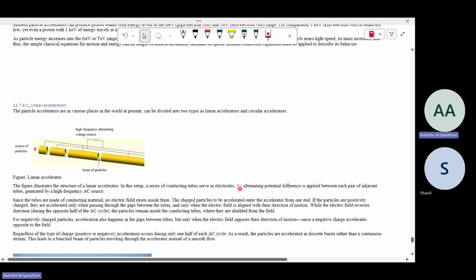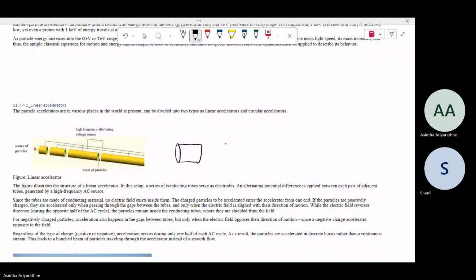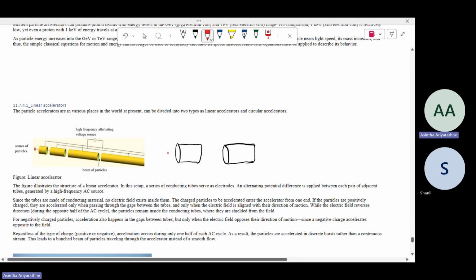A positive particle comes from here, and you can see there are gaps in between these hollow cylindrical electrodes.